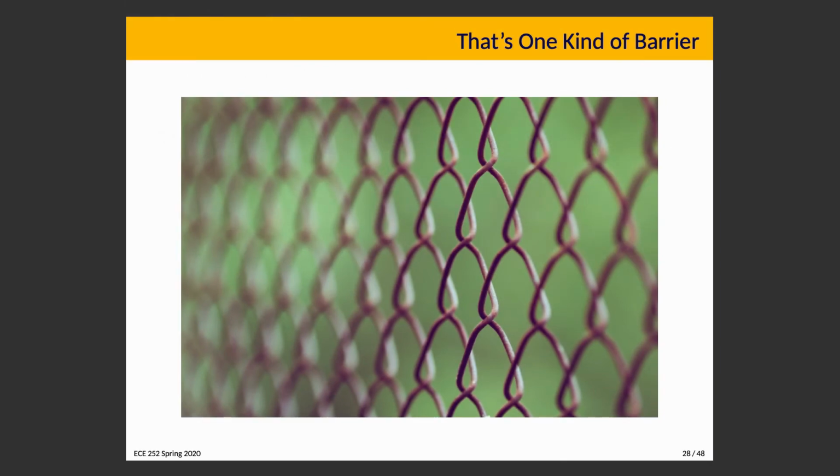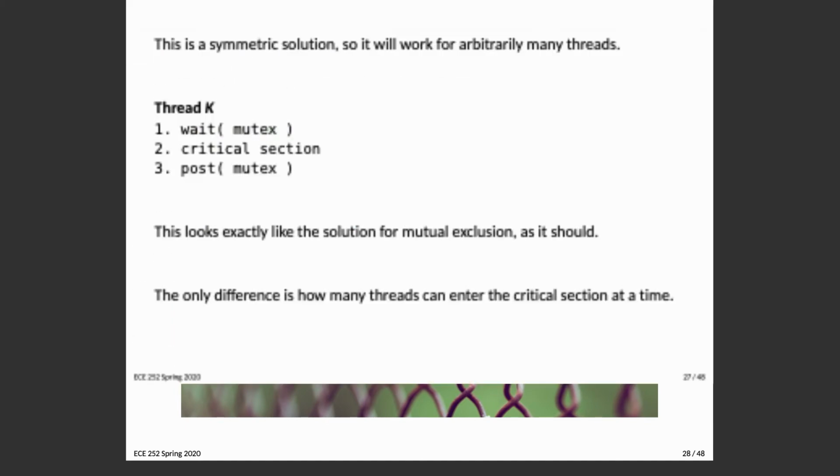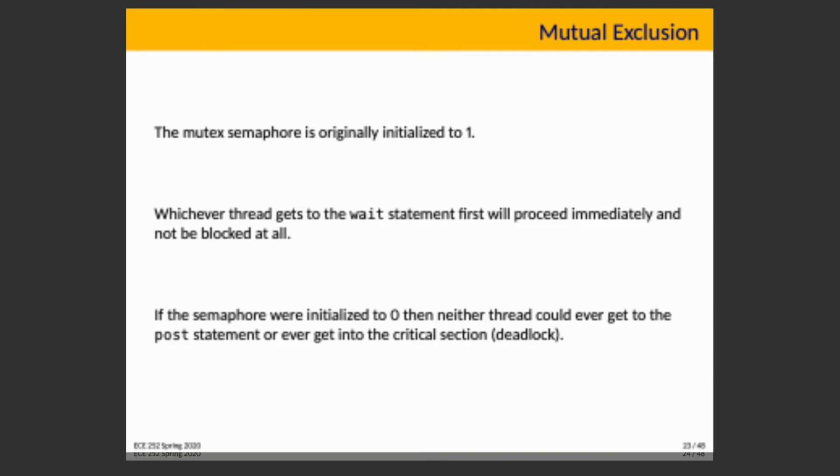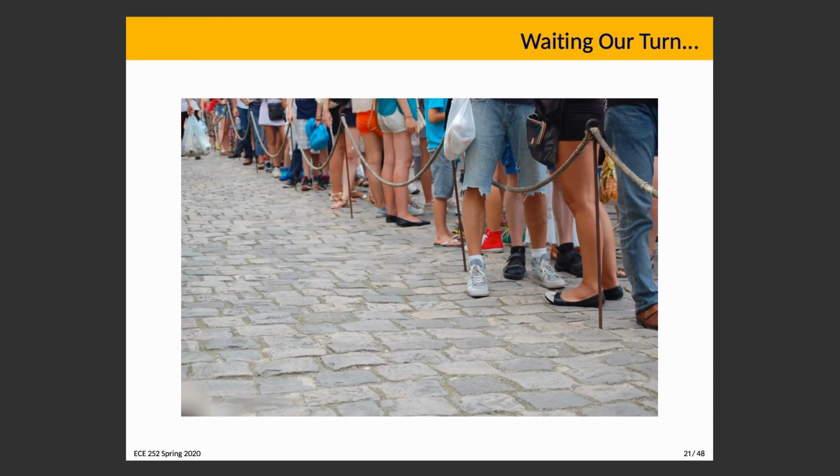Okay, so I hope you were thinking in the meantime about what to do about a symmetric solution for the barrier problem. And if you like, maybe take a few seconds to consider how would you make that solution symmetric. The barrier problem is the same as the rendezvous problem, I should say.